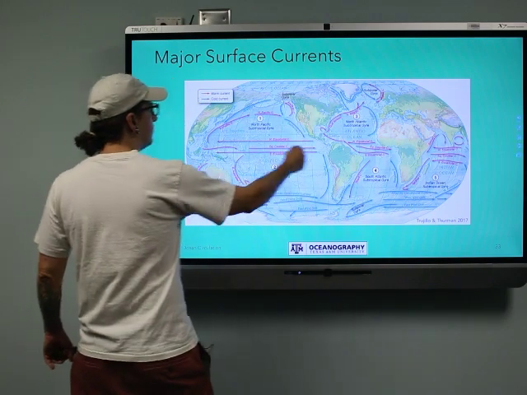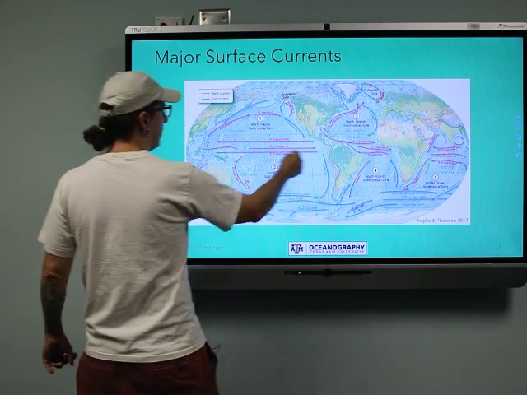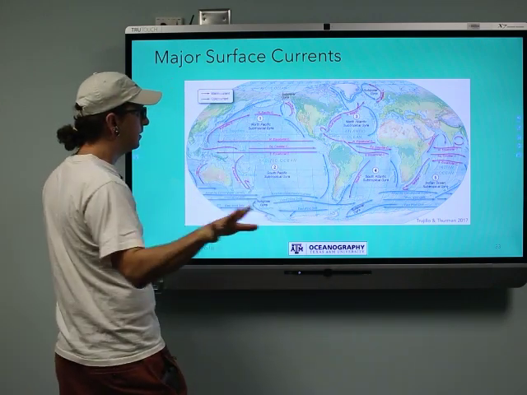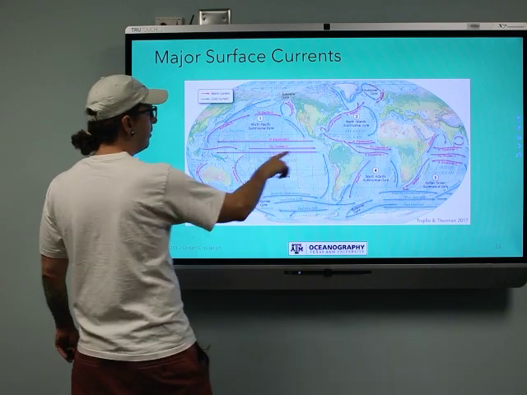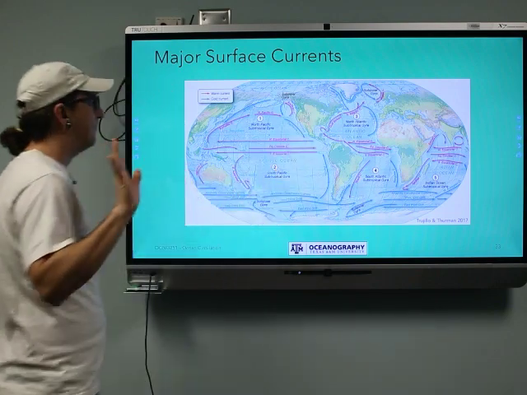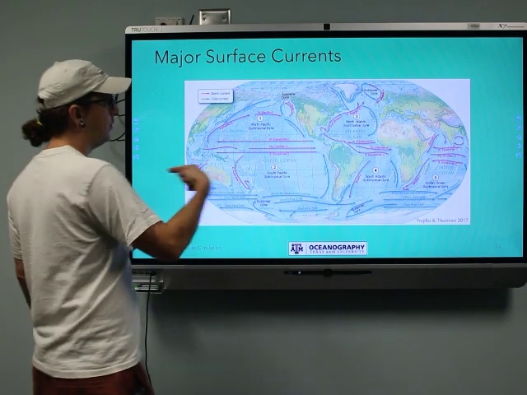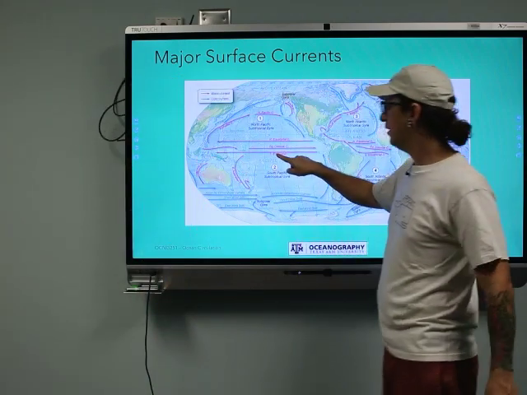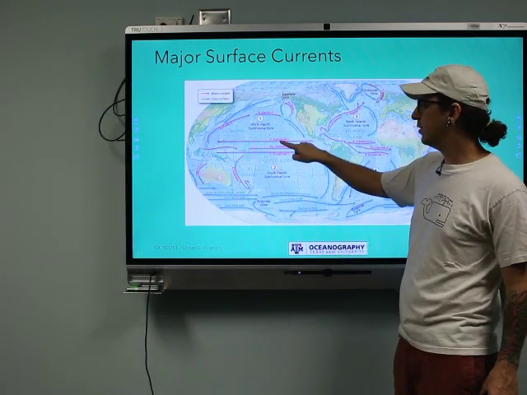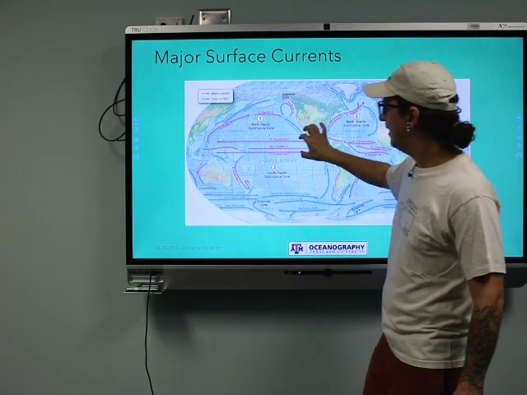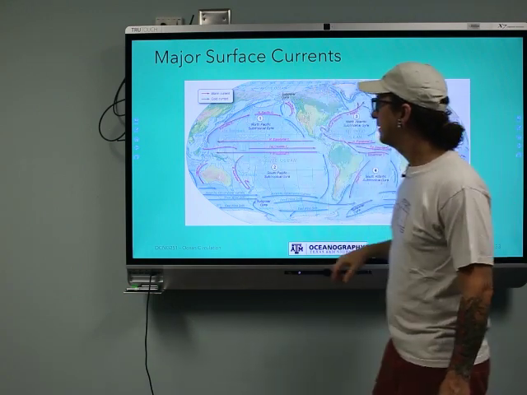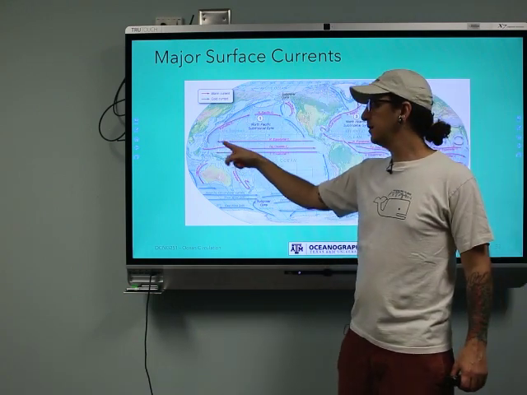So the trade winds are blowing this way, okay? And it's okay that this is actually slightly offset from the equator, but trade winds are blowing to the west. And so what you see here is the southern equatorial current and the northern equatorial current. And they're pushing that way, right? Water piles up over here.